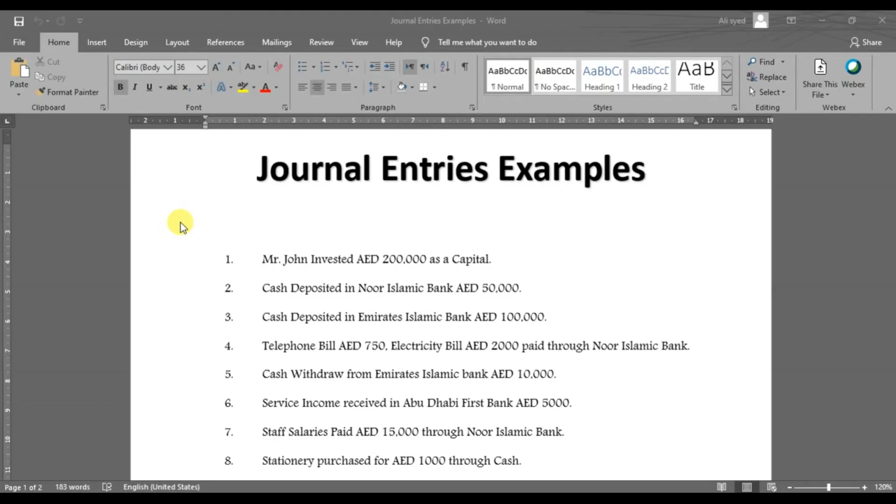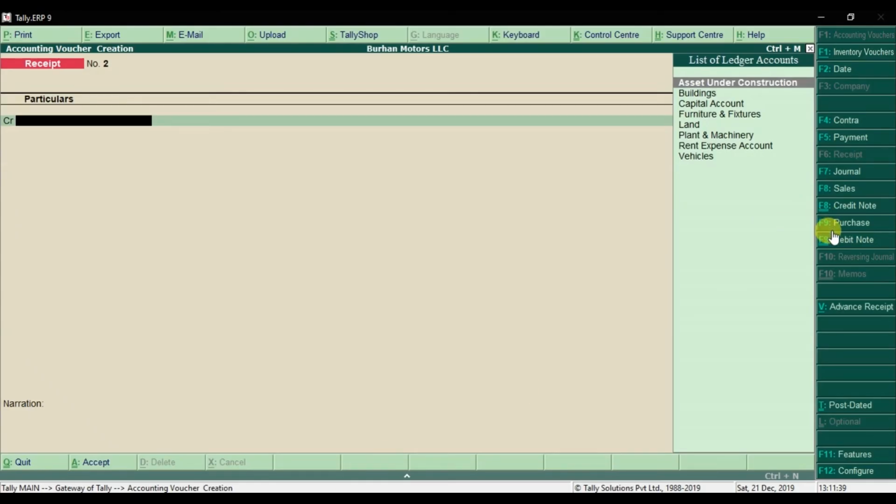Similarly, the next entry is cash deposit in Noor Islamic Bank, AED 50,000. What is the entry? Bank is debited and cash is credited. Where will it go: F4, F5, F6, F7, F8 or F9?